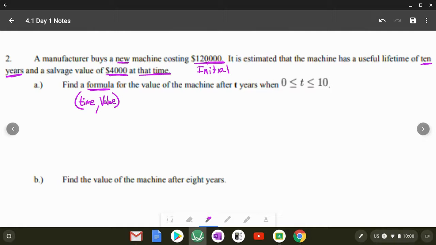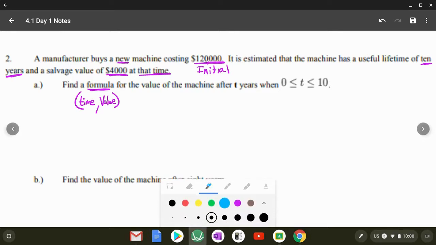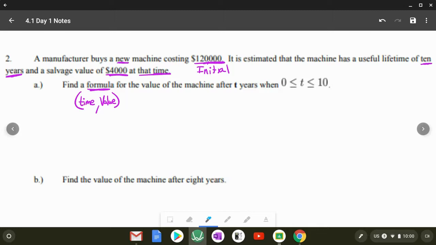Thinking about our formula in terms of those coordinates, we can start breaking down the information we know. We know the initial value at time 0, because that's when you buy it and no time has passed, is $120,000. So that's one value in our formula.